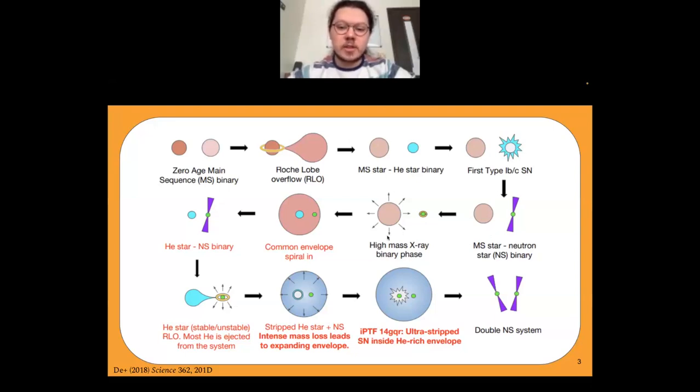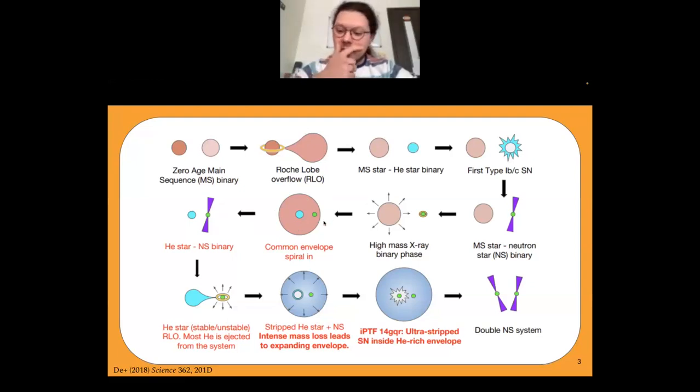As the secondary then starts evolving, it's going to also ascend the giant branch, and there's going to be essentially mass transfer onto the primary. But this time, because the primary is now a compact object, the envelope of the secondary star is going to encompass it, and they're going to have a shared common envelope.